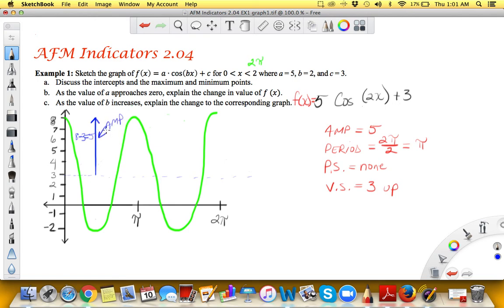From the center of the graph to the highest point on the graph is 5 units. And if we go from the center of the graph to the minimum point, and we actually do the math, 3 minus -2 is equal to 5. So we have another amplitude here. All right. So those are two things.